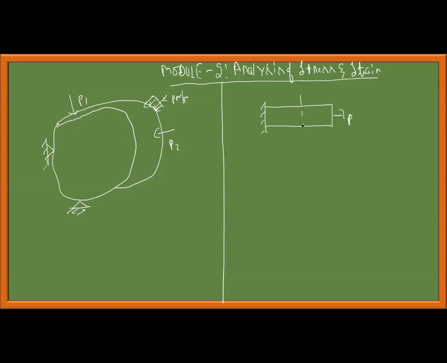If I take a section like this, this is P. If I say this is the resultant force, I can write sigma is equal to P by A. This is one dimensional. Stress is in only one dimension. There can be forces acting like this. I will take the resultant of all this force per unit area of cross section gives us stress in 1D.